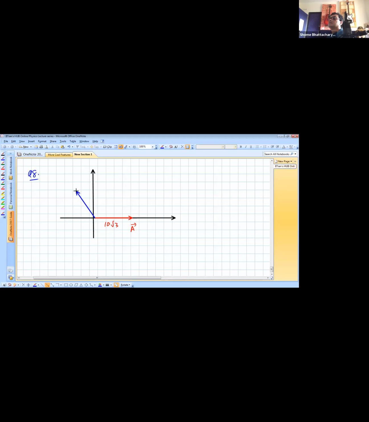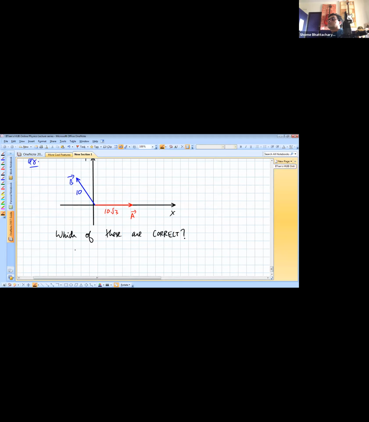We don't know the angle, but we know the magnitude of vector B is 10. Now, which of these are correct? So magnitude of A plus B is greater than 20.